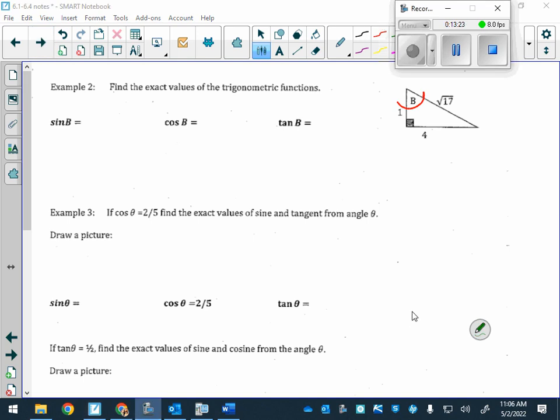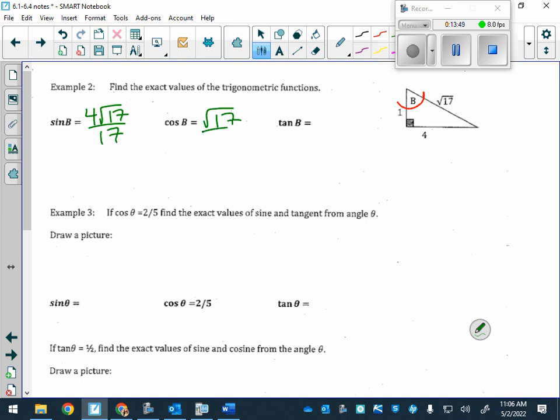All right. So for the sine of B, what did we get, Abigail? Excellent. 4 root 17 over 17. How many of you guys got that? Good. Okay. Cosine of B, Phoebe. Awesome.